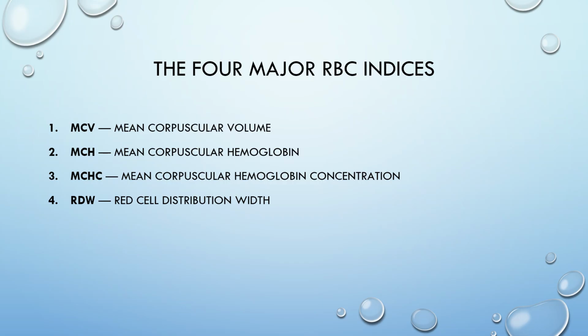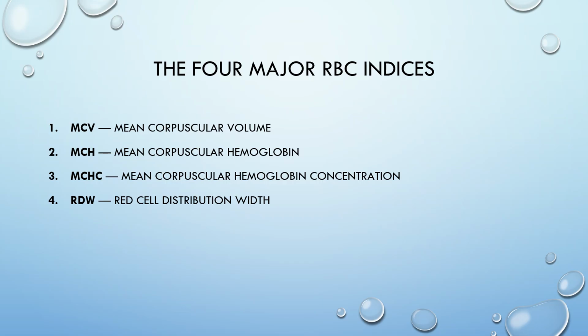This value represents the average amount of hemoglobin contained within each red blood cell. Then we have MCHC, which stands for mean corpuscular hemoglobin concentration. Unlike MCH, which measures total hemoglobin per cell, MCHC reflects the concentration of hemoglobin relative to cell volume.